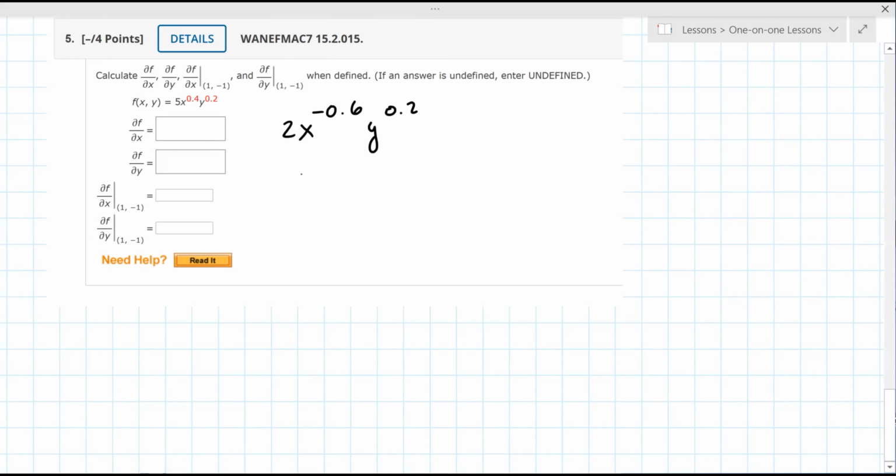So when you simplify here, 4x to the 0.4 y to the minus 0.8 power. Where is the 4 from? Oh, 5 times 0.2. Oh, got it. Actually, no, that's not right. It's just 1. Sorry, it's 1. There is no 4 there.